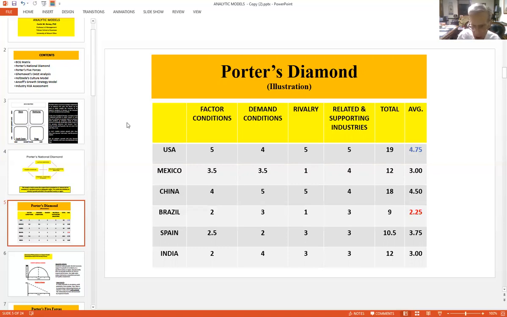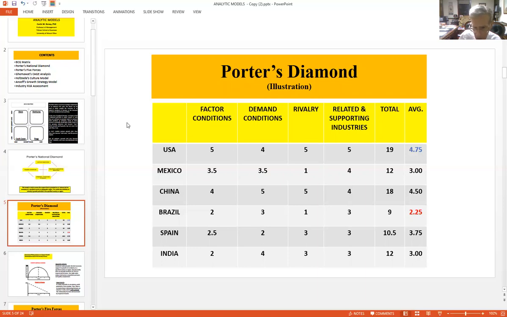This is a scorecard that can be used for Porter's diamond. And most of the exhibits that I'm going to show you in this video were prepared by student teams who used these techniques.